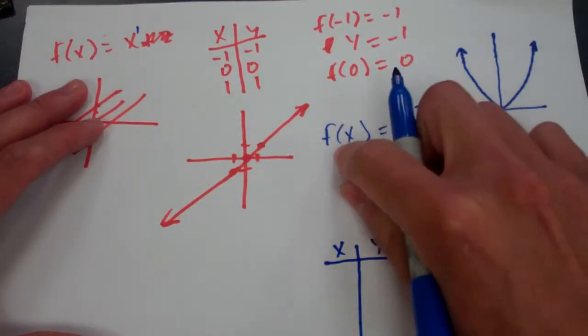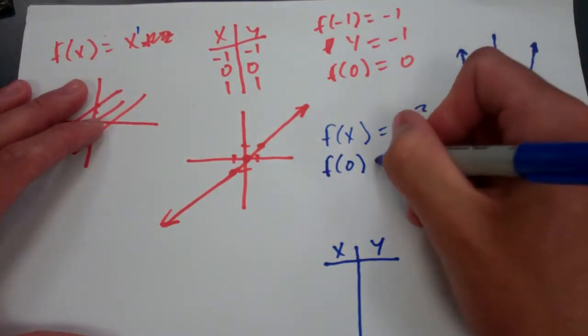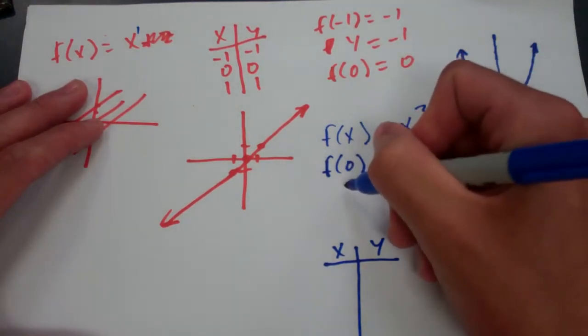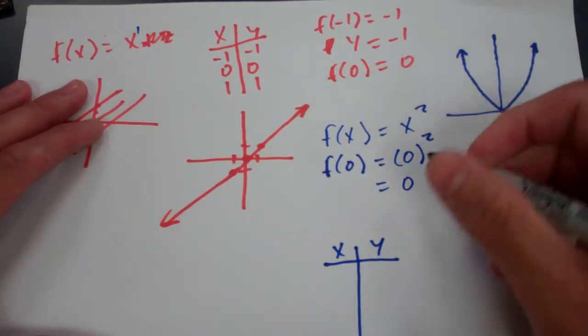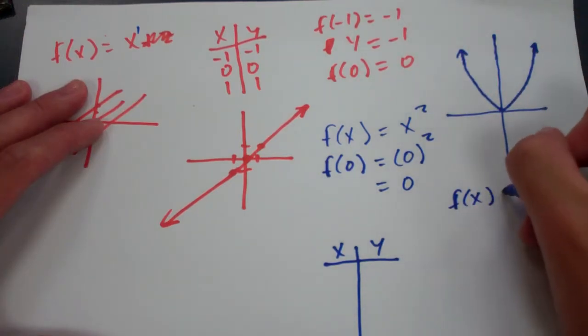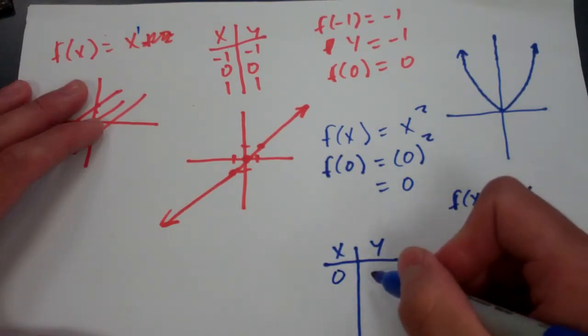Wherever there's an x, for example, if I put f of 0 once again, then we would say 0 squared. So this f of x is actually equal to 0. And if f of x is y, then if I plug in a 0 for x, y is equal to 0.